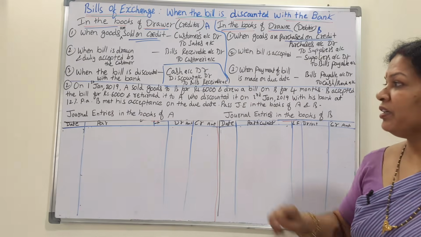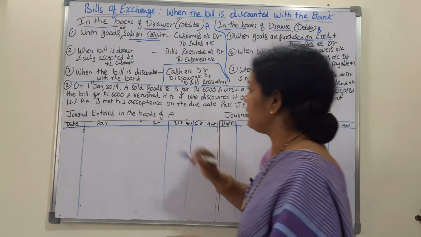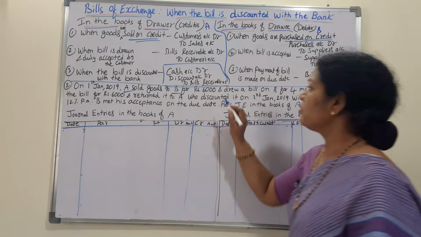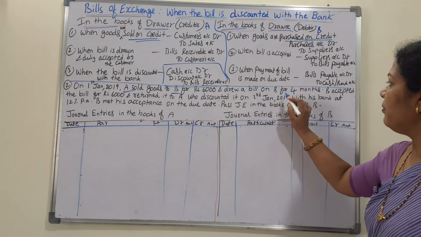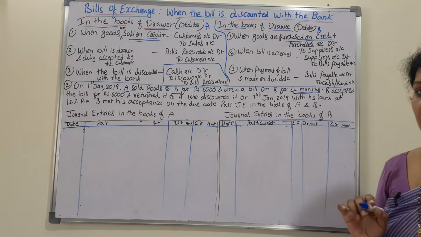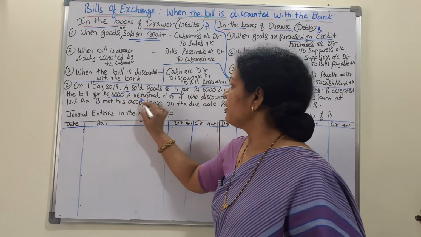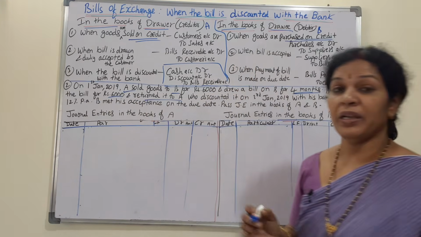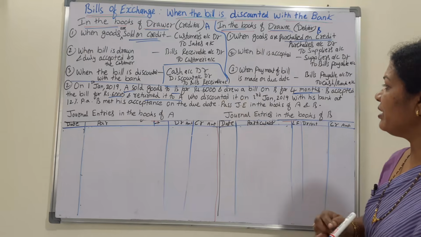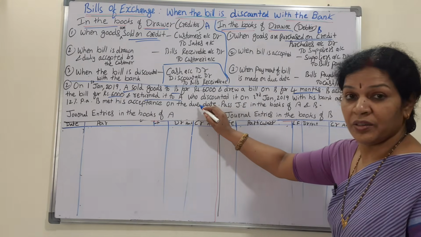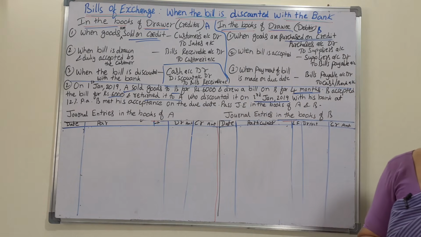Second problem we are working. On 1st January 2019, A sold goods to B for 6,000 rupees and drew a bill on B for 4 months. B accepted the bill for 6,000 rupees and returned it to A, who discounted it on 3rd January 2019.